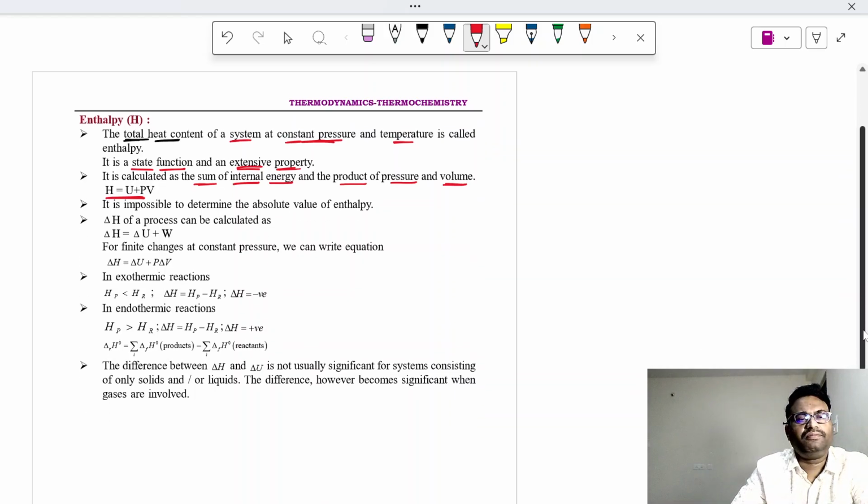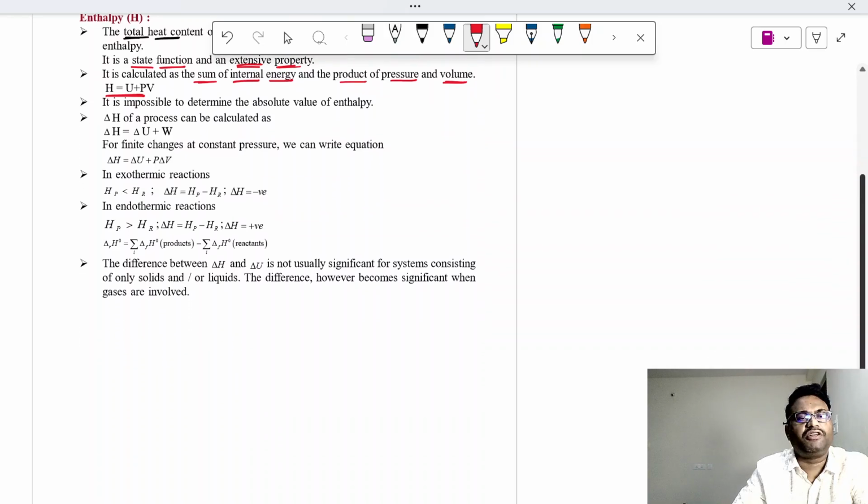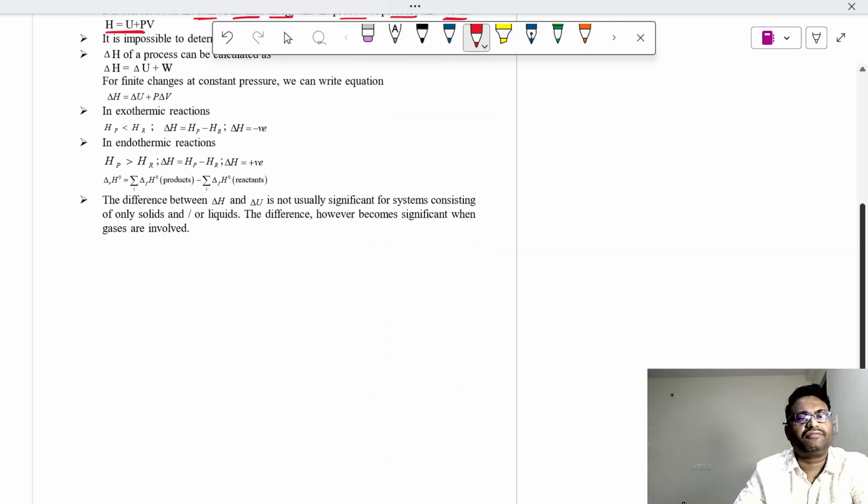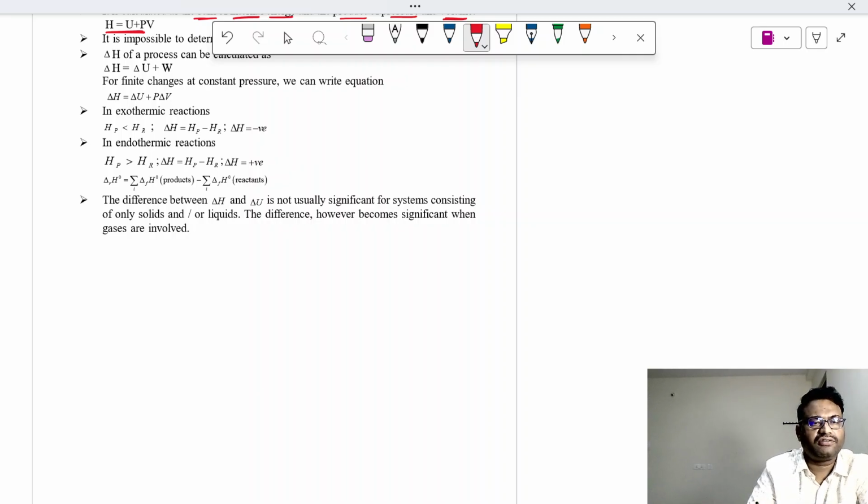Now, what is the relation between delta H and delta U? Generally, it will be asked. First of all, we shall discuss what will be delta H. Normally, we have discussed that enthalpy is additive in nature. So, delta H, delta means change.